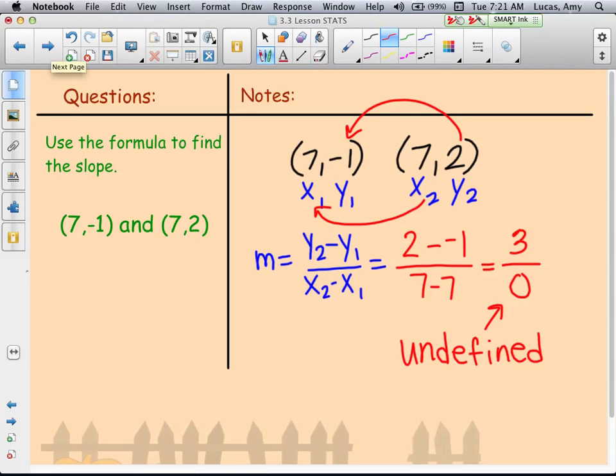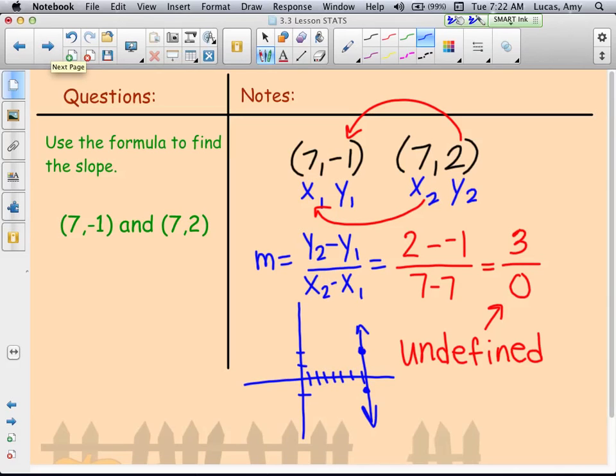Undefined slopes go with vertical lines. So this is a vertical line. 7, negative 1 would be right here, and 7, 2 would be up here. So this slope is undefined.